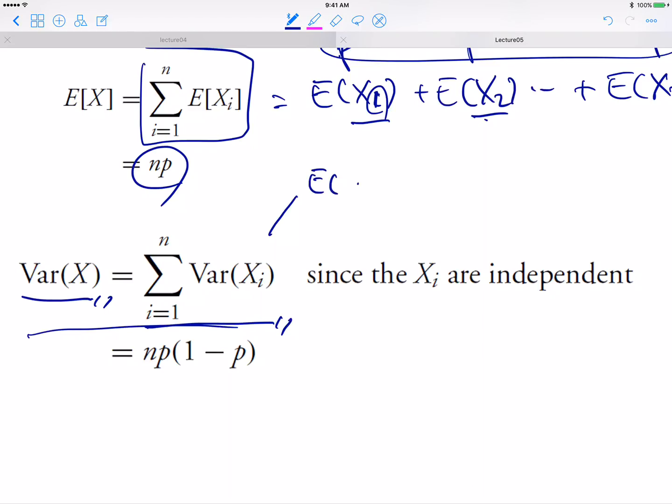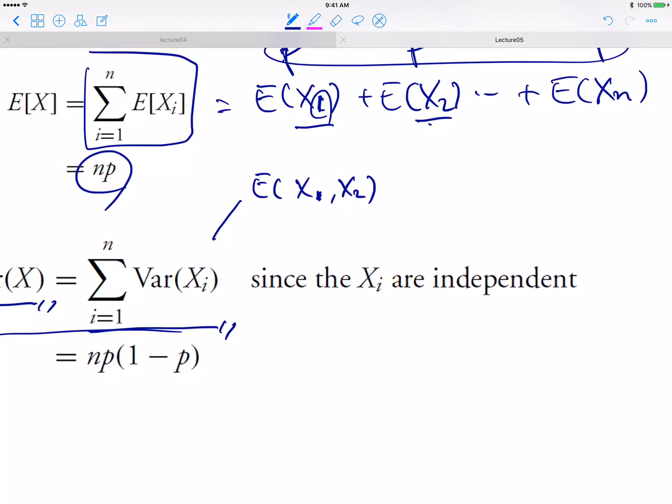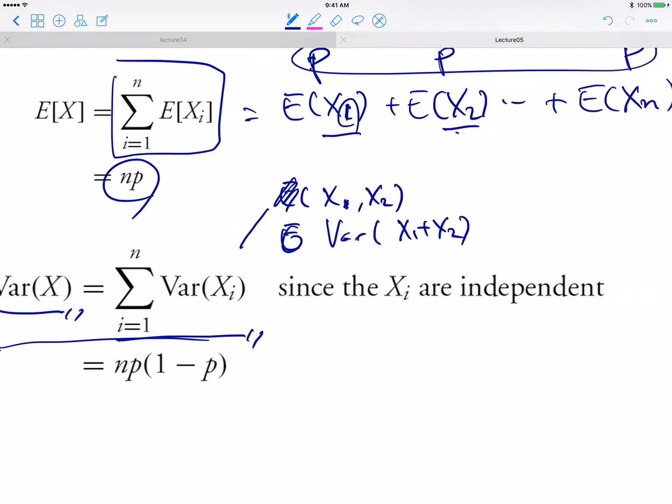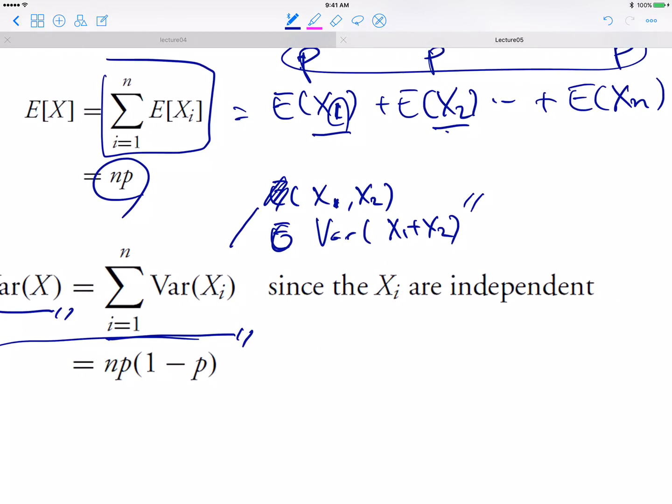If we consider just two random variables, x1 and x2, let's suppose we did 2 trials of this Bernoulli random variable, and we want the variance of x1 plus x2. In this case, as we saw in the equation in the last part of the previous slide, it is the variance of x1 plus the variance of x2 plus the covariance of x1 and x2, right?